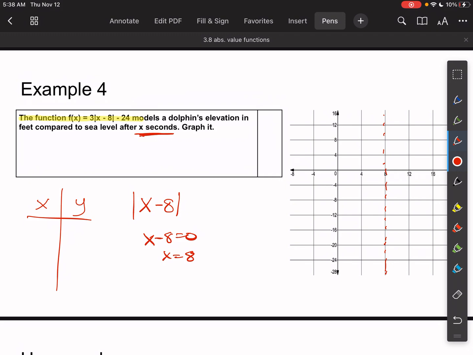Okay, so let's see what happens when I plug that 8 in. So I'm going to start with 8. If I plug that into this thing, then what I get is 3 times the absolute value of 8 minus 8, which is just 0. So this whole thing goes to 0, minus 24. Okay, so at 8, I'm at negative 24.